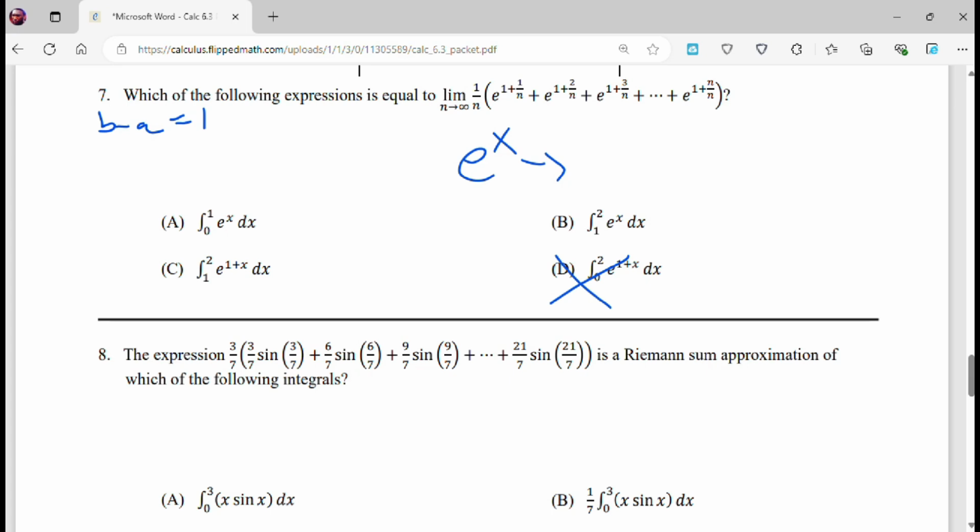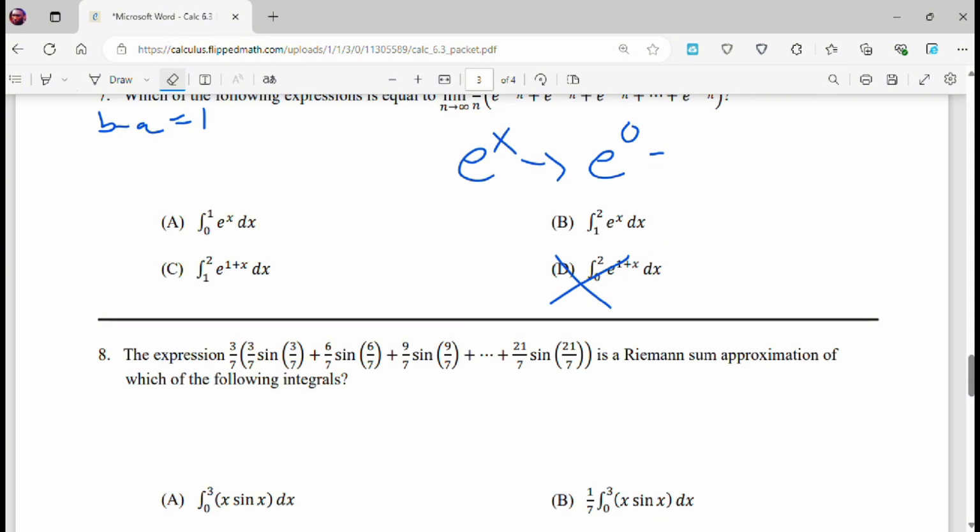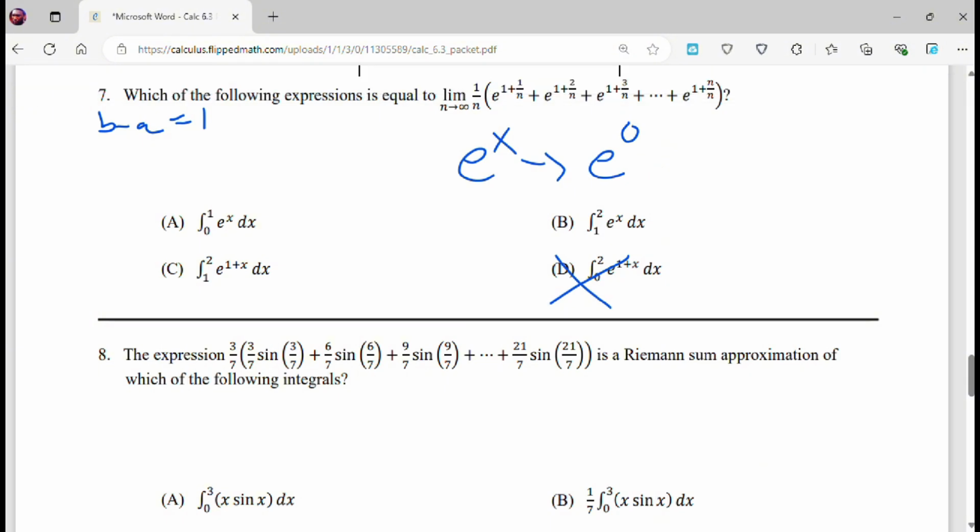So e to the 0 is going to be 1. So we know that that doesn't work, right? We write the rest, f of a plus b minus a over n, so plus 1 over n. So we have the 1 over n part, but it's e to the 1, not e to the 0. So let's eliminate that.